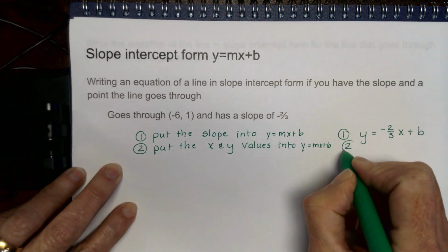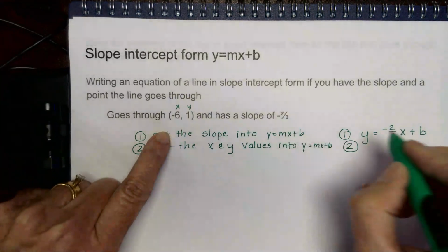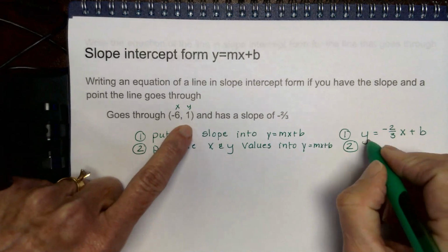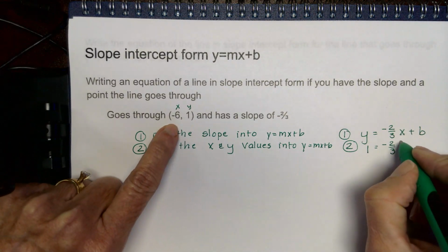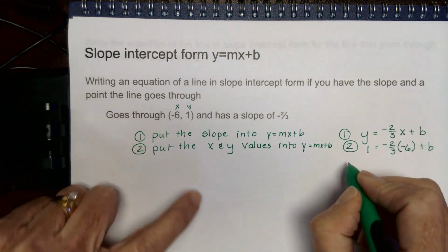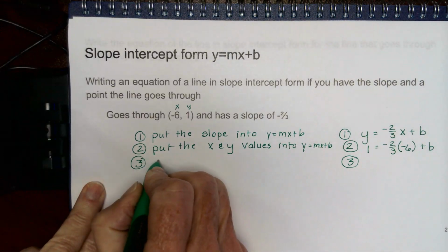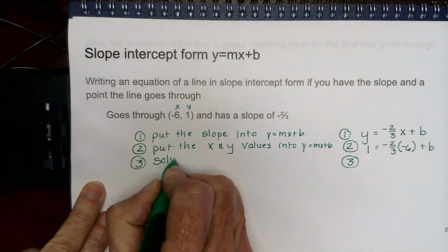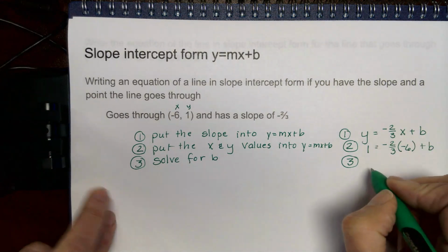I'm going to do that over here, remembering that this is your x and this is your y, so 1 is your y. I still have my slope of -2/3, and then I substitute my -6 in for my x. Step 3, I'm going to solve for b. So I work this through.